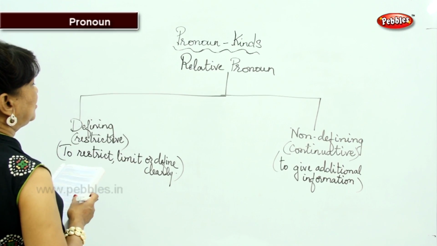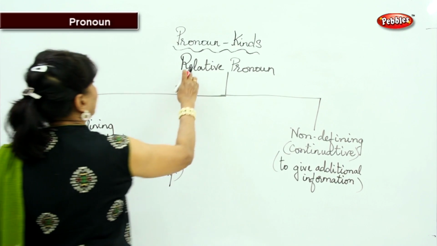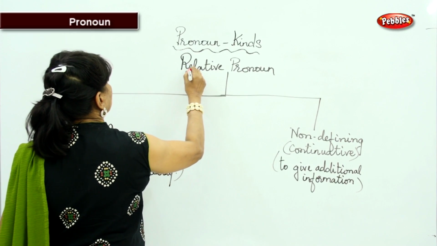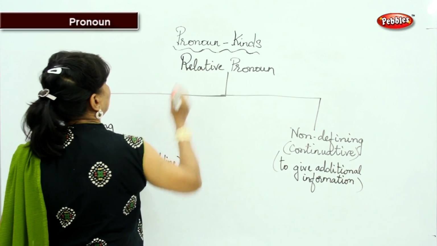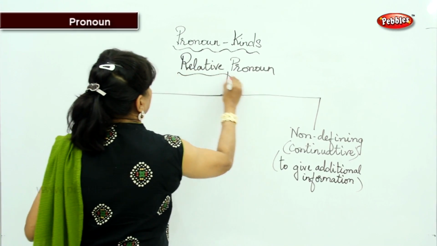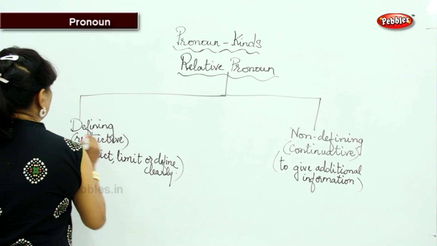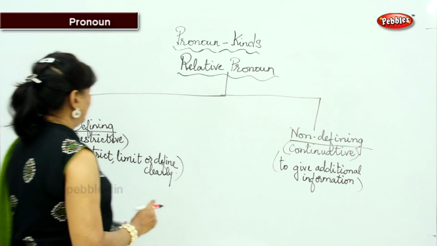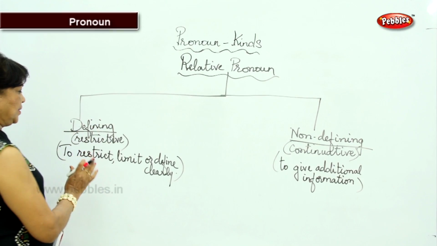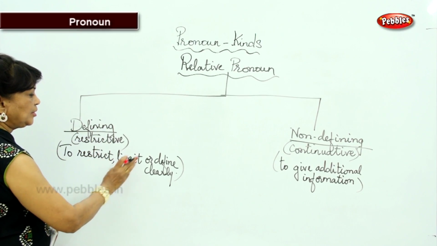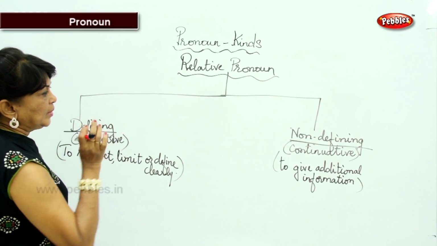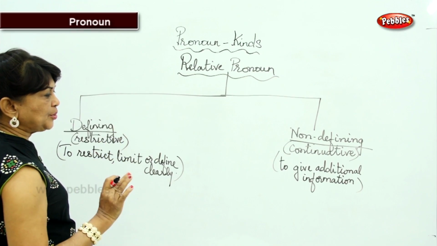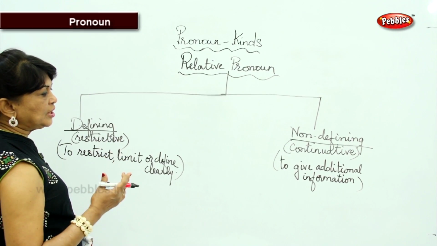Okay. So, relative pronoun can be divided into two different kinds. One is a defining and the other one is a non-defining. Defining is restrictive, to restrict or limit or define clearly, whereas non-defining is continuative, to give additional information.